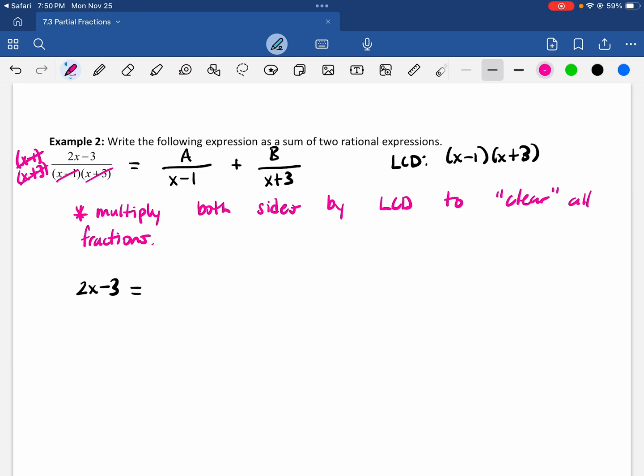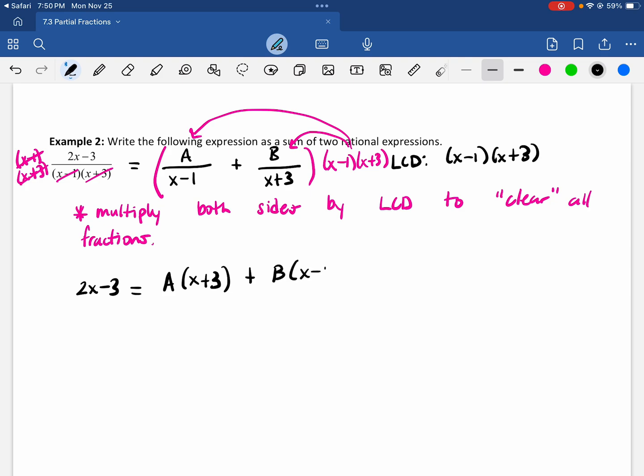When I do it on this other side, though, when I do that times this first expression, the x minus 1's cancel each other out, but leave us with A and x plus 3. When I do this one times the second part of this rational expression, the x plus 3's cancel out, leaving us with B and x minus 1. All right, so you can see here how our fractions have been eliminated.